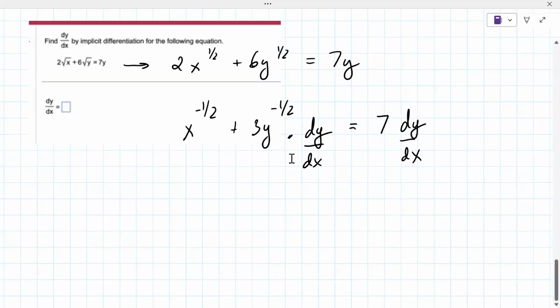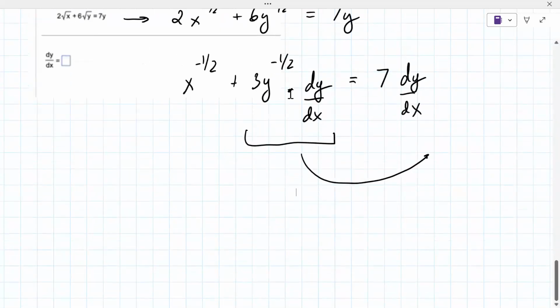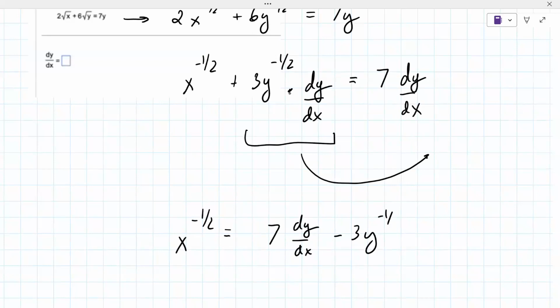The next thing is that you want to solve for dy dx. So you have to get them on the same side. So I'm going to move all of this to the right here by subtracting. So it ends up being x to the minus 1/2 equals 7 dy dx minus 3y to the minus 1/2 dy dx.